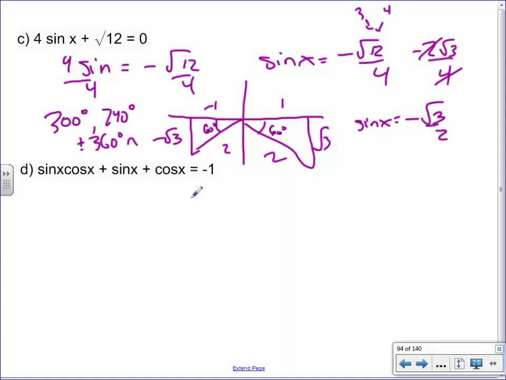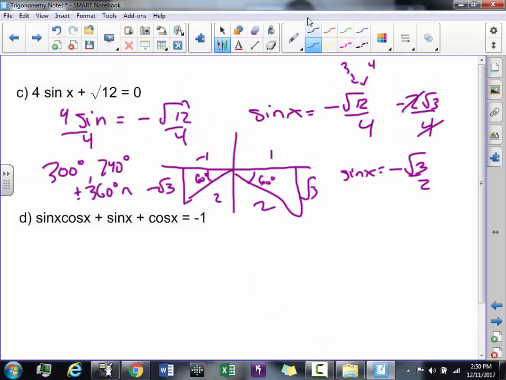Okay, the next one, this is usually the step where a lot of kids get lost, because now it looks intense. It is. It's a little bit different here in terms of how this works. So now, don't forget though, you have another option in your Batman utility belt. Graph it. Don't forget that is an option.